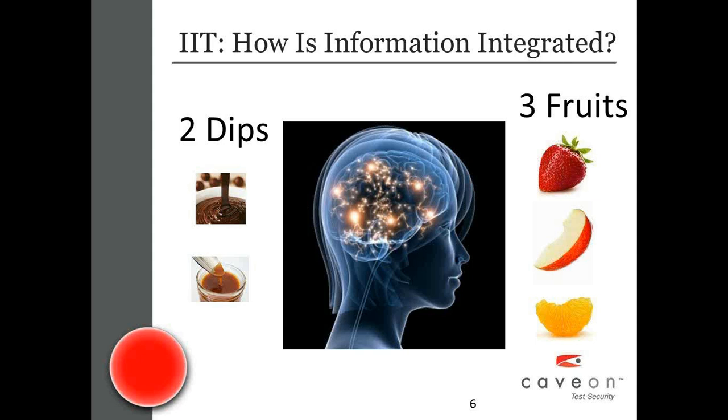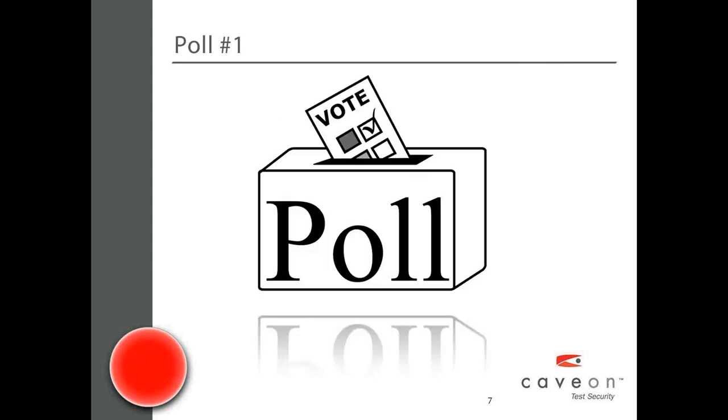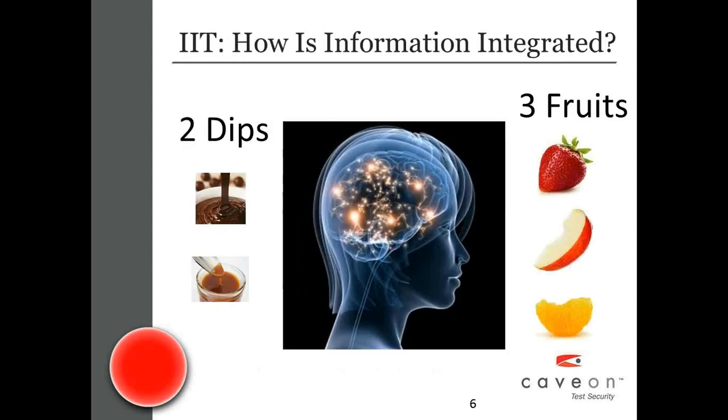And the task is to combine the fruits with the dips and rate the combination that is preferred by you. So think about that just a second, and we'll go to a poll question that asks you to pick your most preferred combination of fruits and dips. Now the 2 on the left are chocolate and caramel, and you see what the others are.